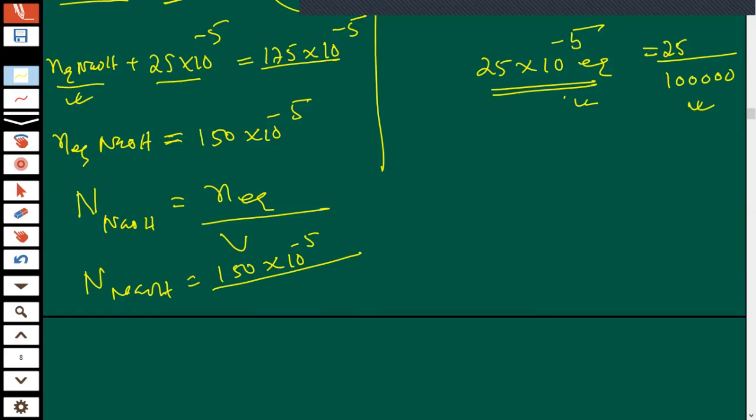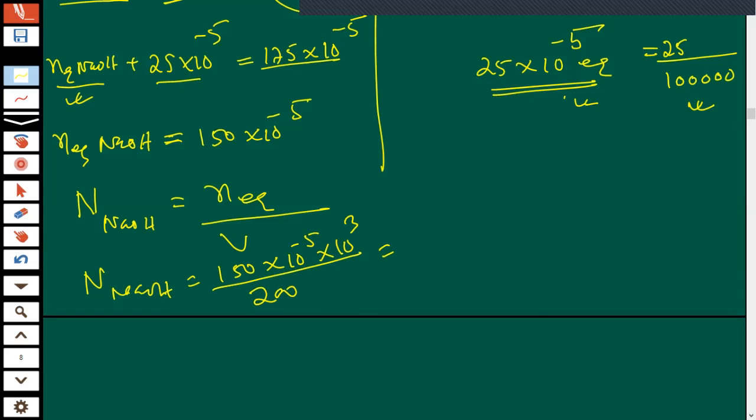What is the volume? 0.2 liter, or we can say 200 milliliter, so we will use 10 to the power 3 over here. Now can you solve it?